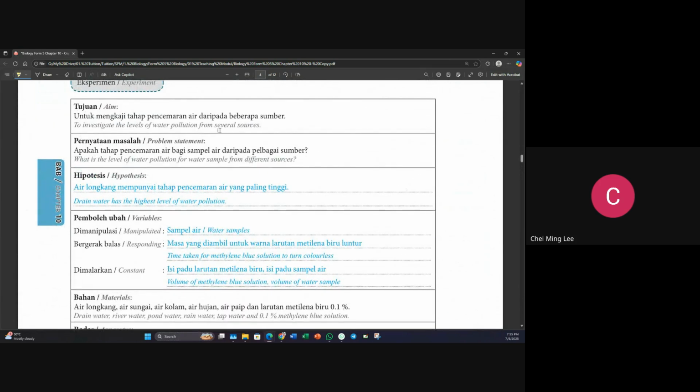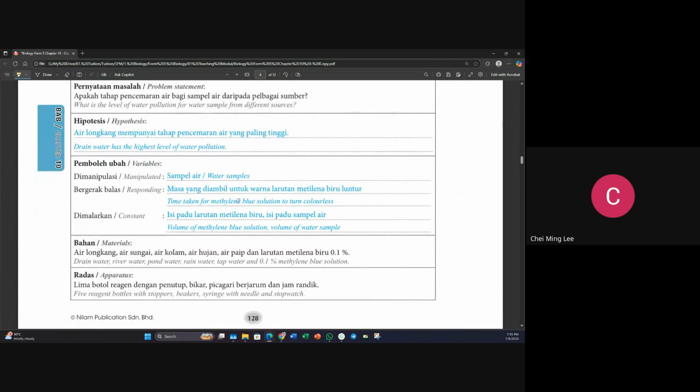So we try to investigate the level of water pollution from several sources. The hypothesis is that rainwater has the highest level of water pollution. The manipulated variable is the water sample, maybe the lake water. Normally we use piping water as the control subject.